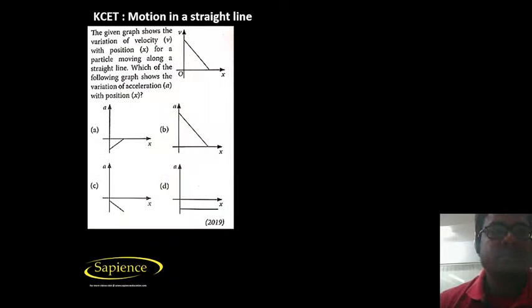Then the given graph shows the variation of velocity v with position x for a particle moving along a straight line. Which of the following graphs shows the variation of acceleration with position x?